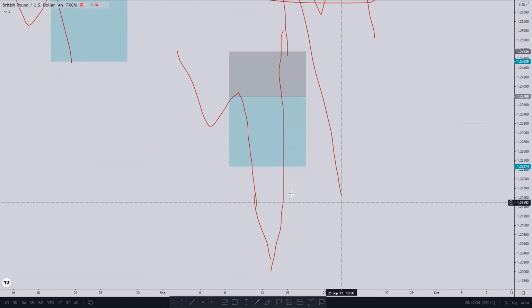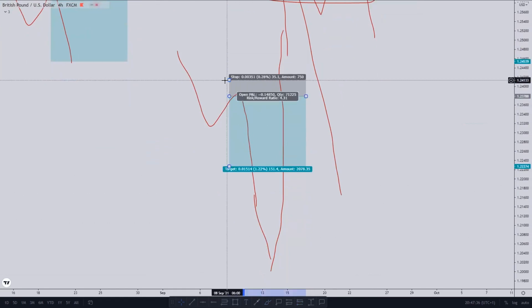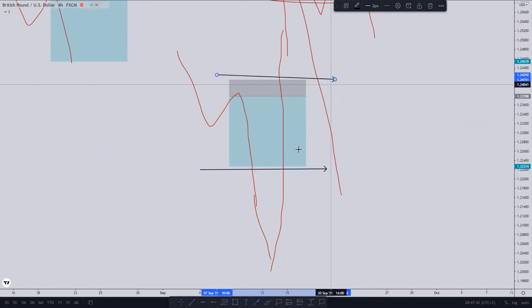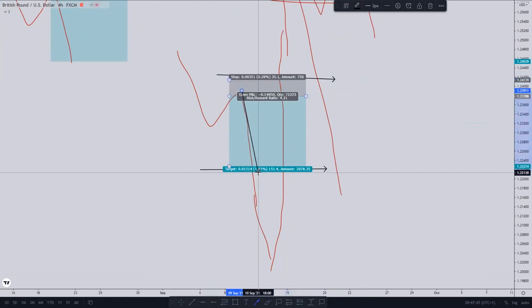Now think about it. If you had stop loss set and take profit set, on that slippage you would have made your money quick, simple, right?